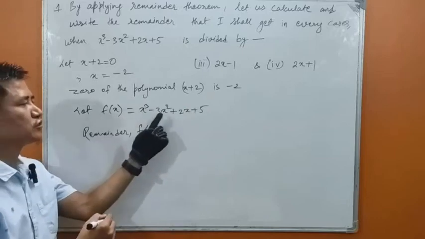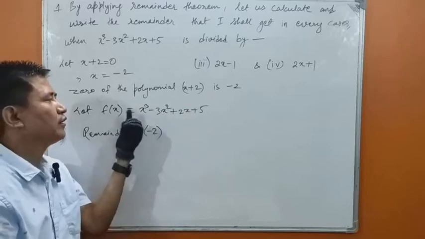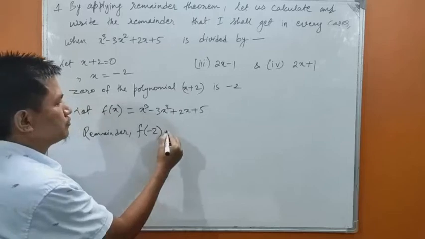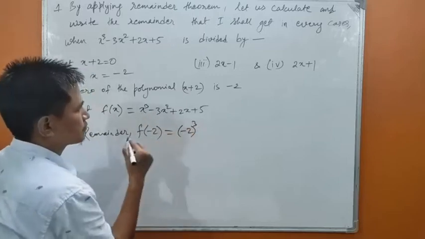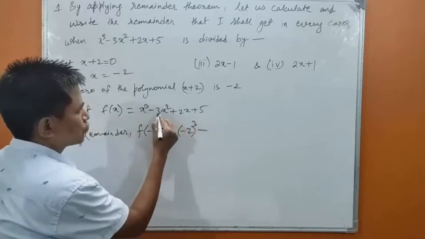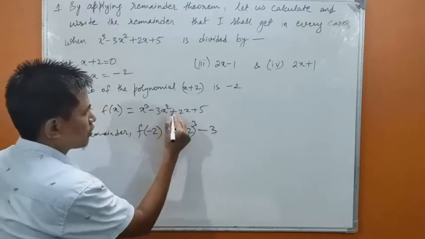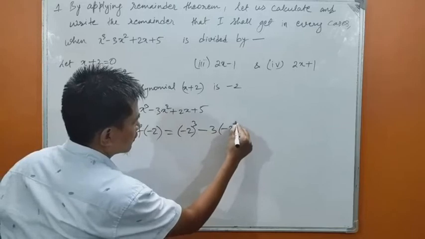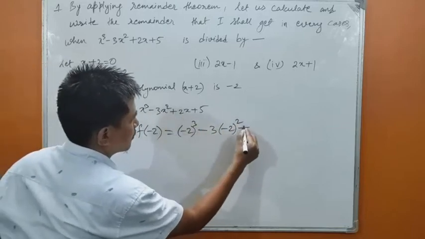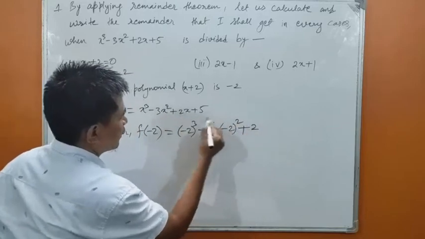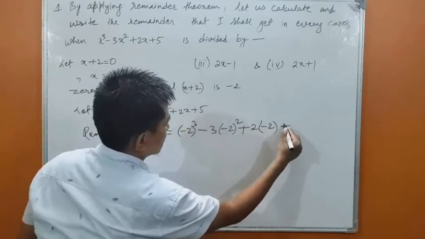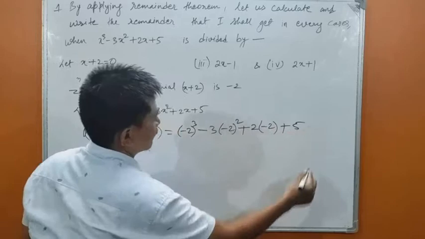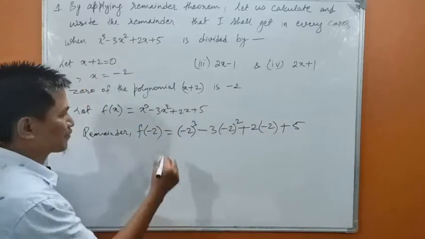Since f(x) is this, f(minus 2) will be, instead of x, we put minus 2. x cube means (minus 2) whole cubed, minus 3 times (minus 2) squared, plus 2 times minus 2, plus this 5. I hope you are getting me.